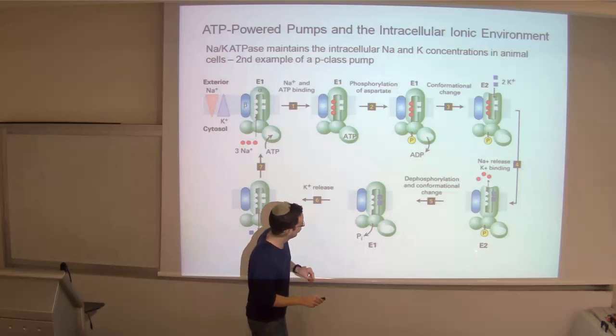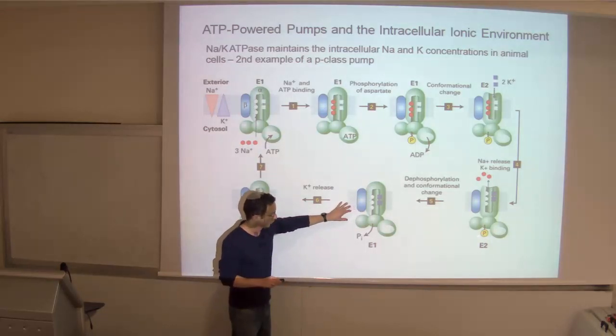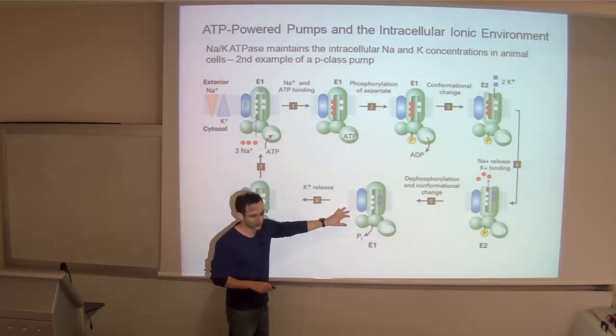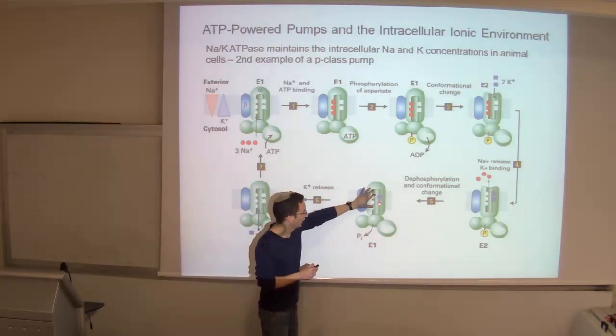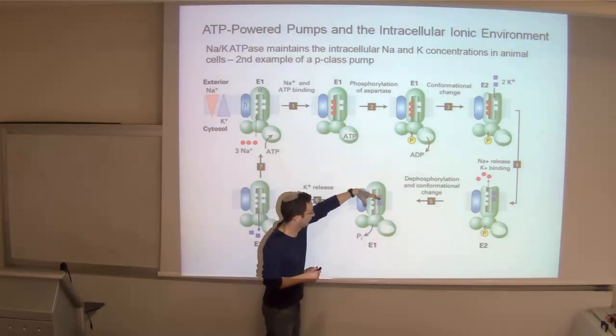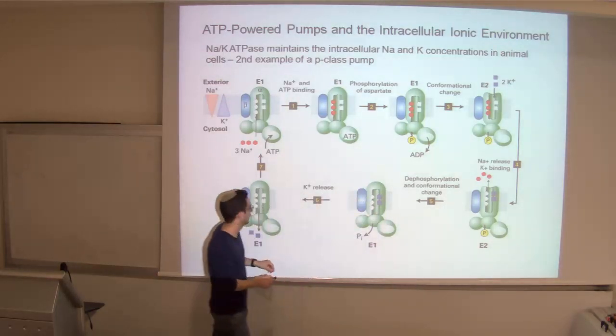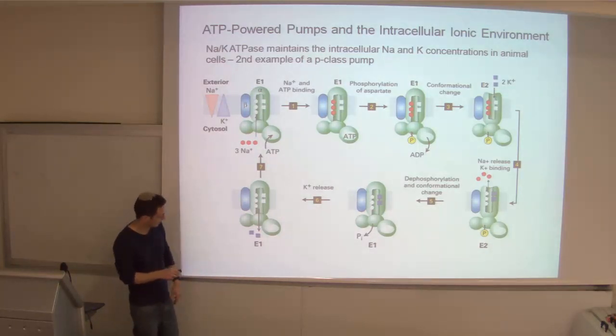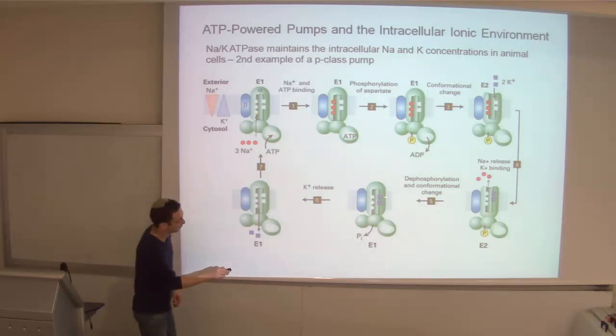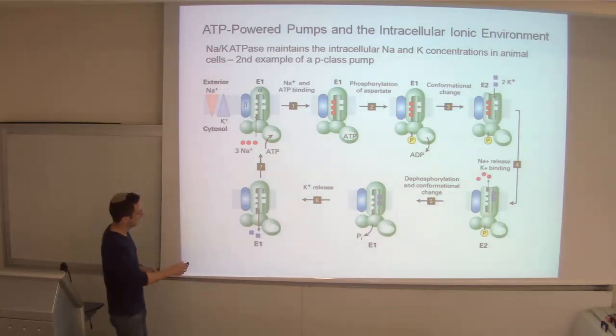So we are still in E2, and now the release of the phosphate from the aspartate again drives us back to E1, as was the case previously, and now again we're facing towards the cytosol, and the two potassium ions move into the cytosol, because in this case their affinity to their sites diminishes. And that's it, and we're back in E1 with two empty binding sites for the two ions.